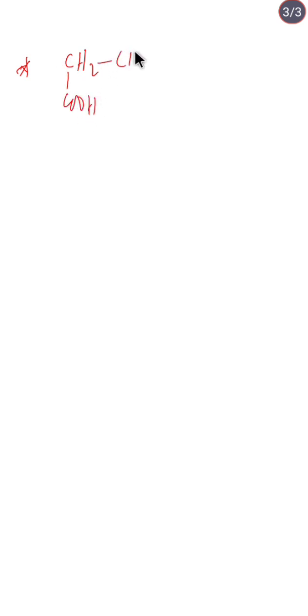In the next example, I'm giving this compound, in which we have 3 carboxylic groups attached to 3 different carbon atoms. So this is to be named.